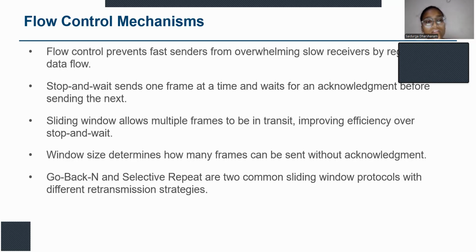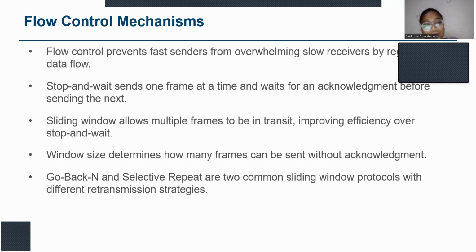Flow control mechanisms. Flow control prevents fast senders from overwhelming slow receivers by regulating data flow. Stop and wait sends one frame at a time and waits for an acknowledgement before sending the next.